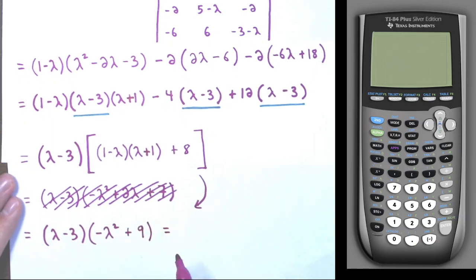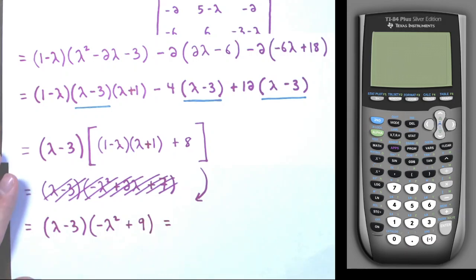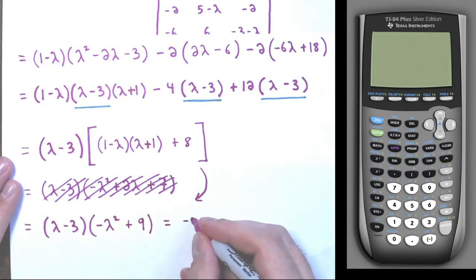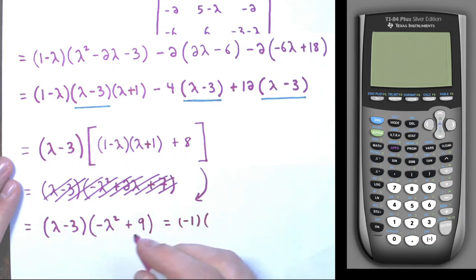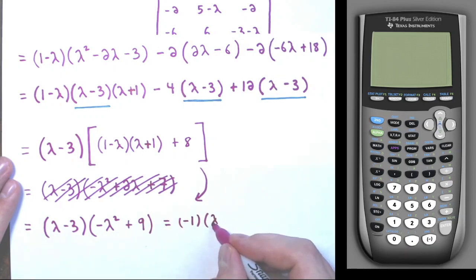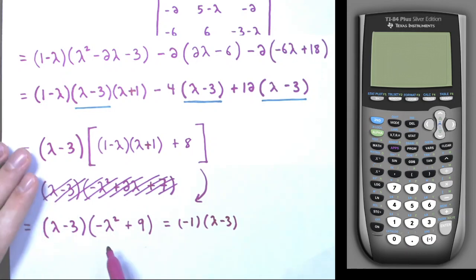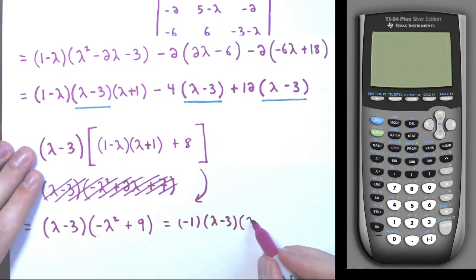Very often, as you've probably seen in algebra texts, they don't like negative leads on polynomials. So if I factor a -1 out of this factor, I'll have -1 times lambda minus 3, I still have that factor going. And then if I pull -1 out of this, it's lambda squared minus 9 that's left over.